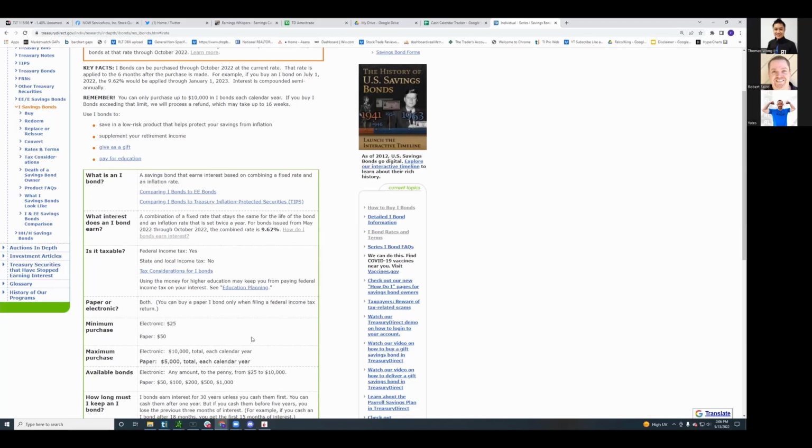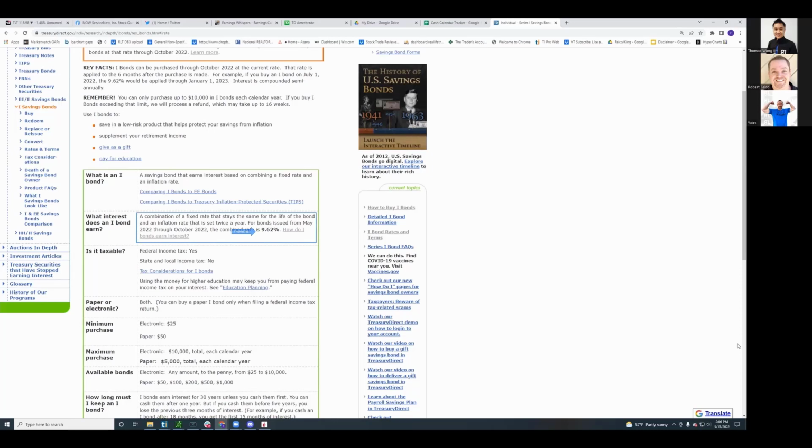And so the way these work, right? You can see right here, the rate is picked every 6 months, and it gives you a time period. So any bond issued in that 6 month time frame. Right now it's from May until October. Whenever you buy that bond, for the first 6 months, this is the rate that you're going to get, this 9.62%.